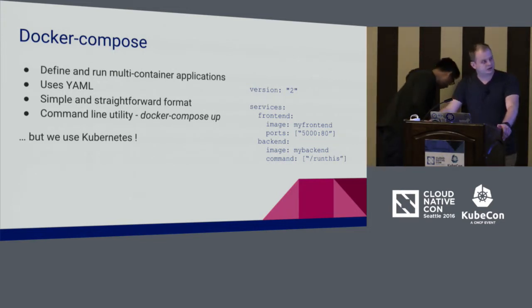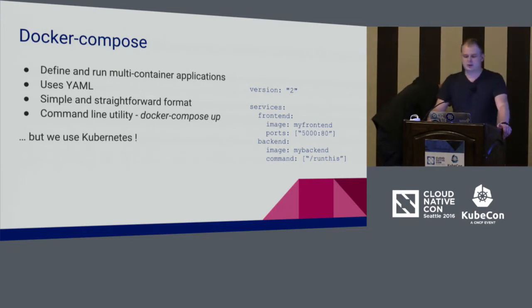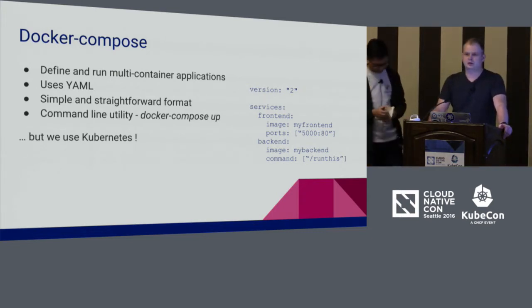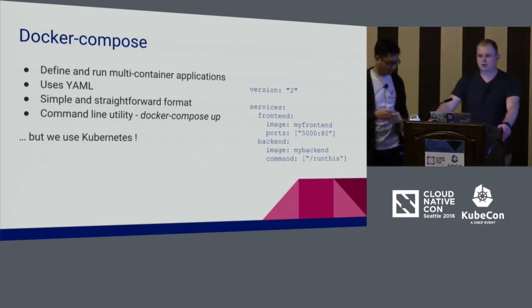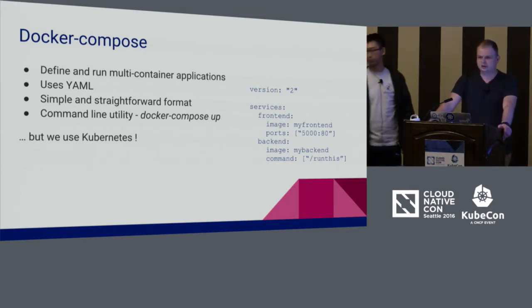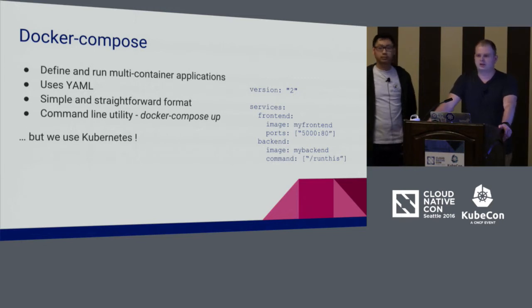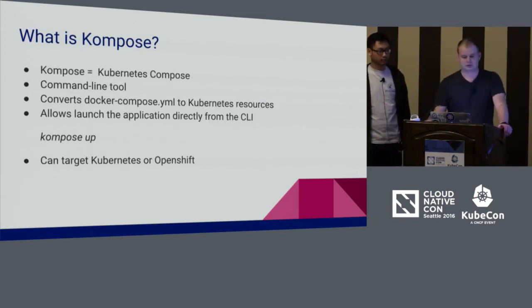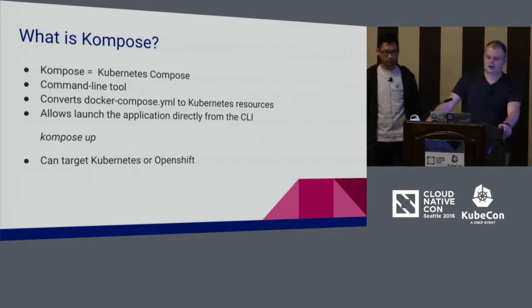But this is really great for developing, and probably sooner or later you will want to deploy your application at some bigger scale on some orchestration engine, and we are here because we want that engine to be Kubernetes. So this is where Kompose is really handy.